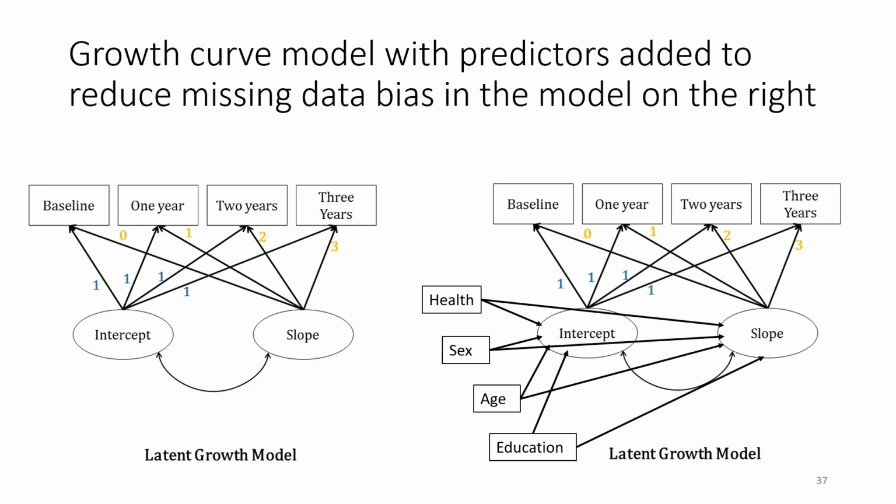The actual data is in the rectangles, and that would be data at baseline, data at 1 year, data at 2 years, and then a fourth testing 3 years later. And then we have a parameter estimate for the intercept in the oval on the left, and a parameter estimate for the slope in the oval on the right.